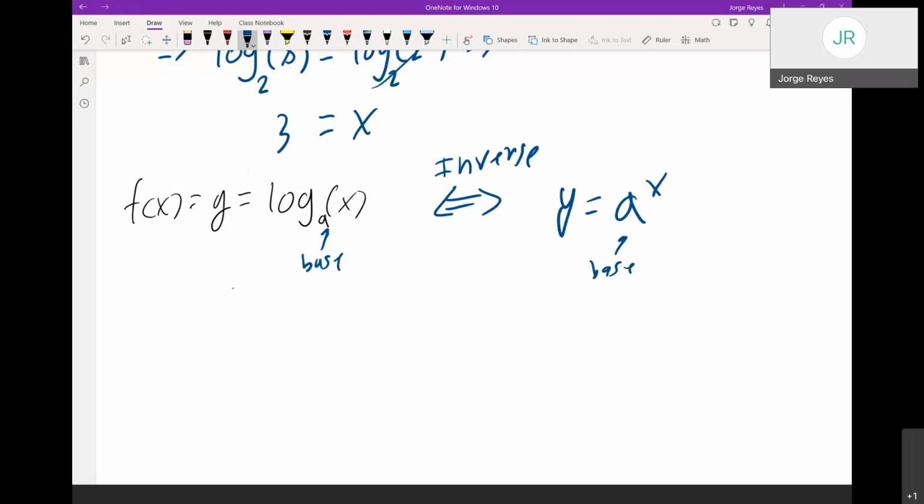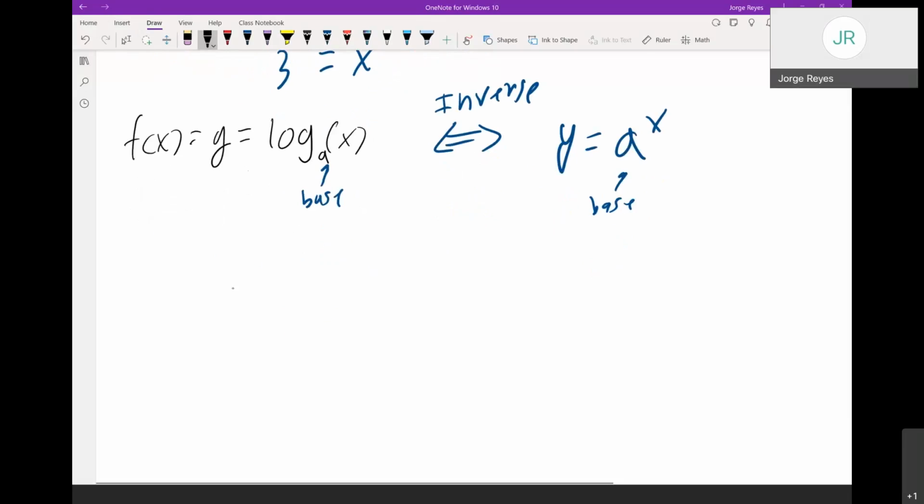Now, logs are a little funny, but you can get comfortable with them, okay? For instance, we're going to use this inverse property to figure out some log values. If I have log base 10 of 1,000, I want to know what that is.